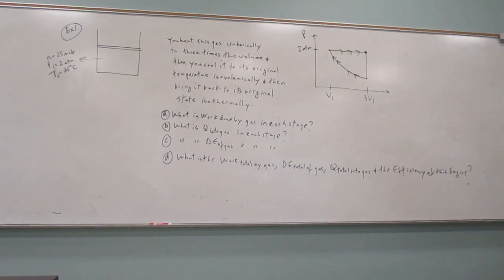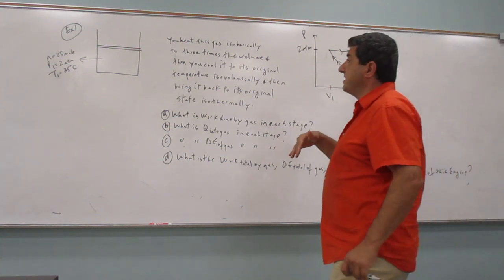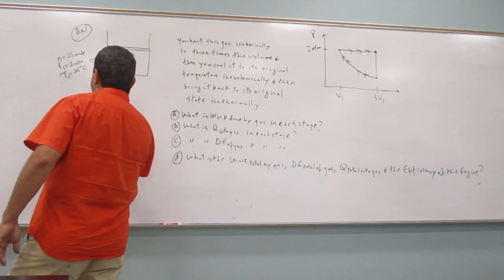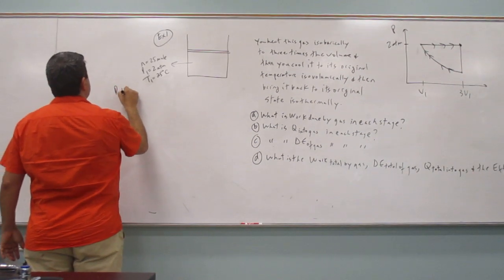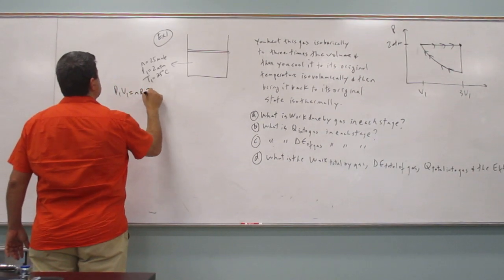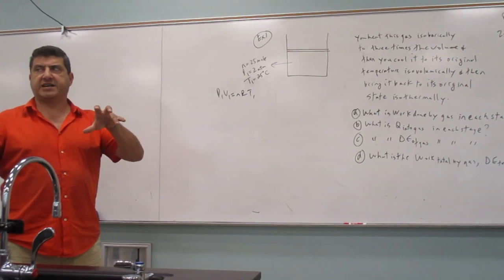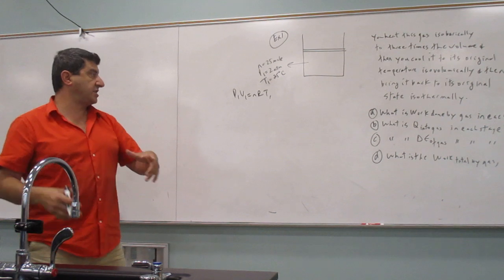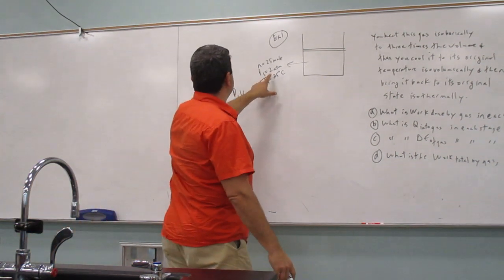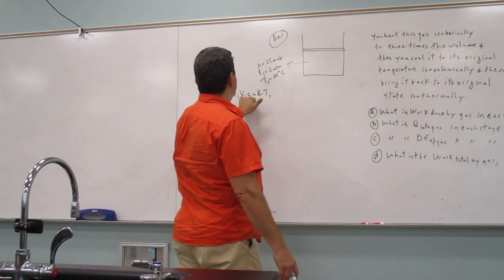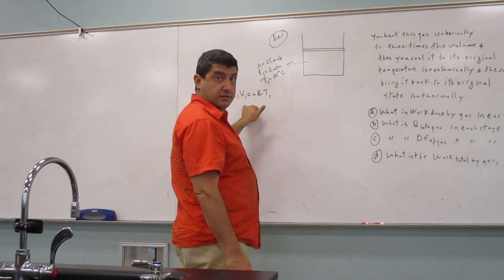Okay, so before we start, we need to calculate some of the initial state variables. P1 V1 is nRT1, right? So we need to know the initial state variables of the gas. We already know the initial pressure, we know the original temperature, so it would be good to know the original volume, right?